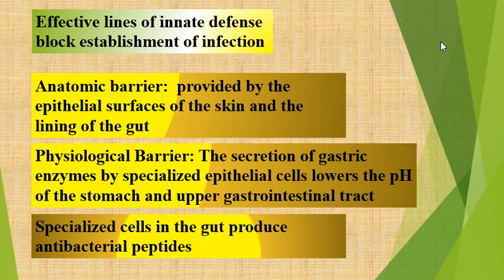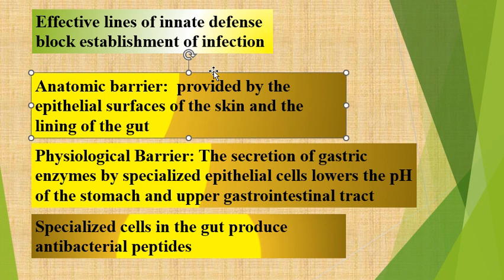The effective lines of innate defense that block establishment of infections are many, but I'm going to focus on very important ones. For example, the anatomic barrier of the innate immune system.